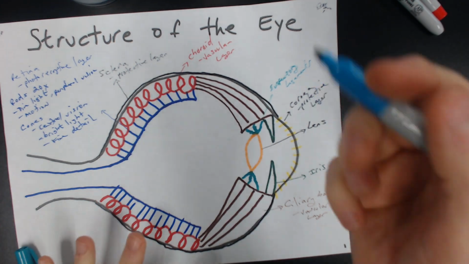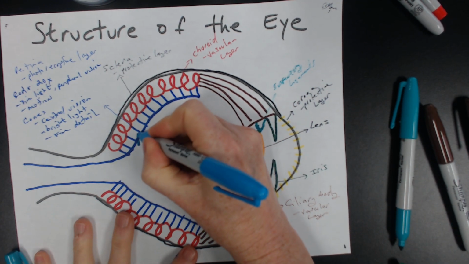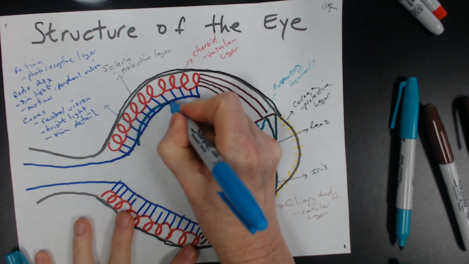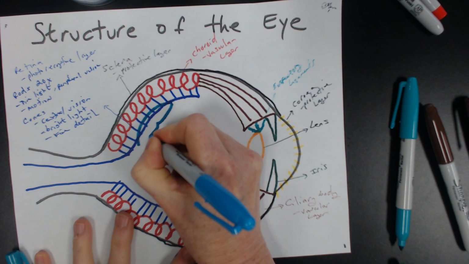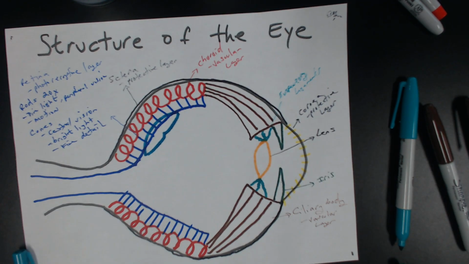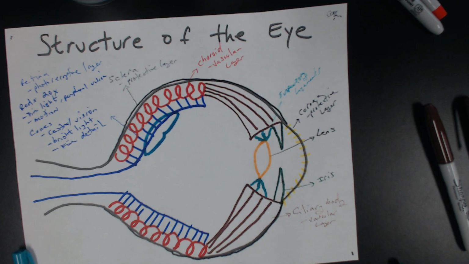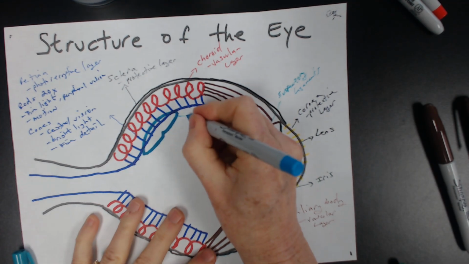I'm just going to represent the macula here as part of this retinal layer, and the macula is an area that has a high level of cones. So it's going to be really good for central vision. Where's blue? Okay. So this is going to be your macula.